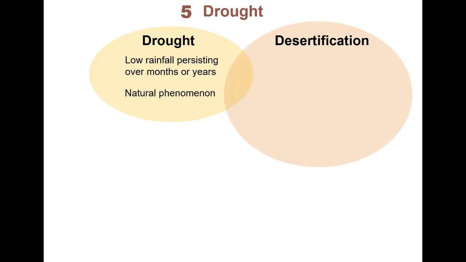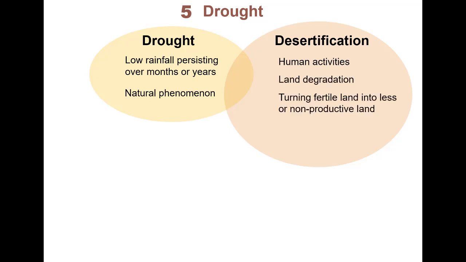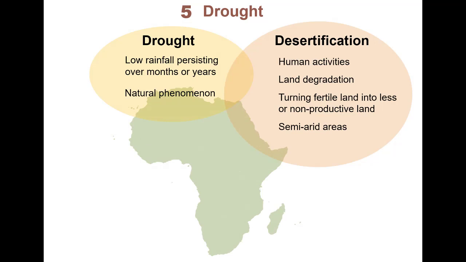While drought is a natural phenomenon whose impacts can be exacerbated by human activities that are not adapted to the local climate, land degradation is the process of turning fertile land into less or non-productive land. In extreme cases, in semi-arid areas, this is called desertification. Areas prone to droughts include Botswana, Kenya, and Ethiopia.